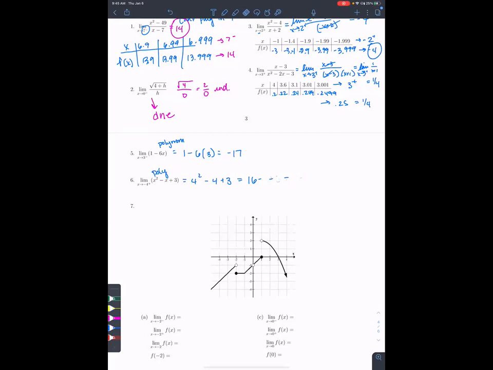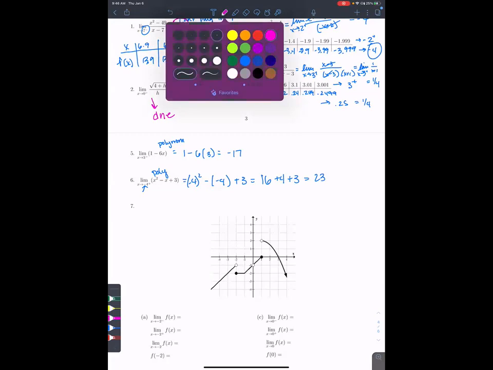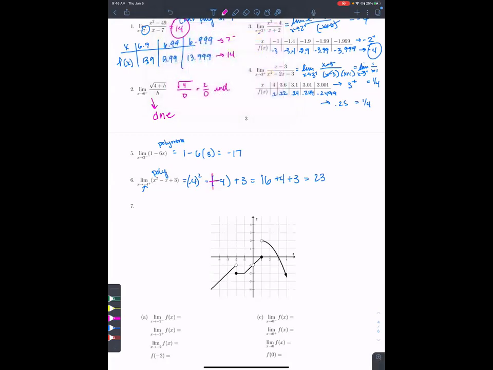That's why my answer doesn't match the answer I have here. We're approaching -4, so we're looking at -4 squared minus -4 plus 3. So 16 plus 4 plus 3 is 23. -4 squared gives you positive 16, and then this minus turns into a plus sign.